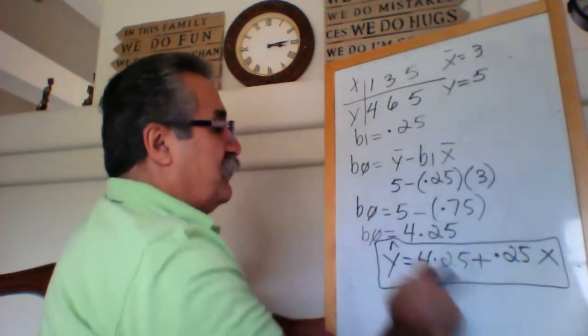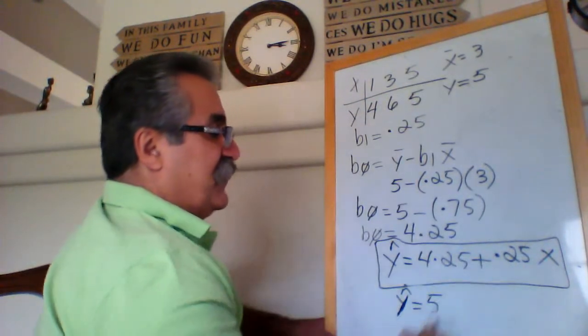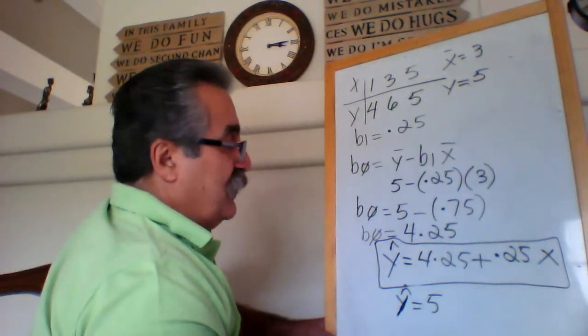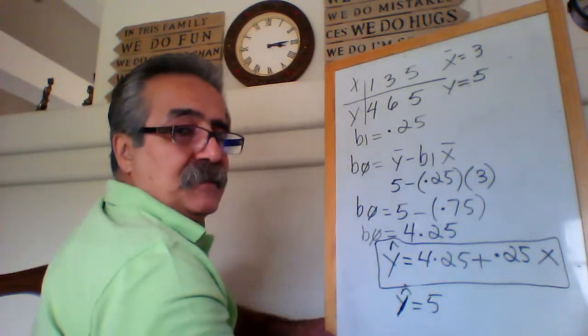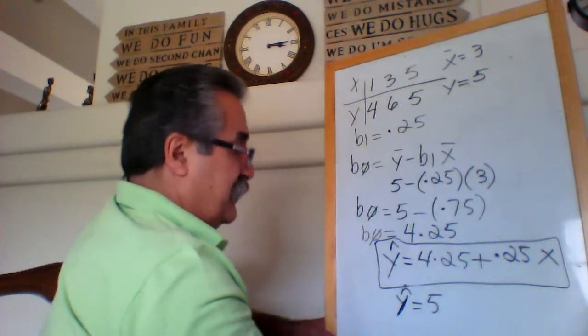Now let's see, when x is equal to 5, 5 times 0.25, that's 1.25, plus this, that's going to be equal to 6. Or you can use a different value.